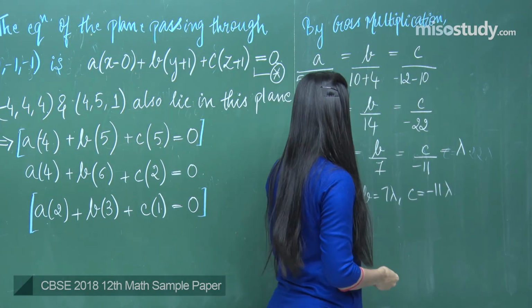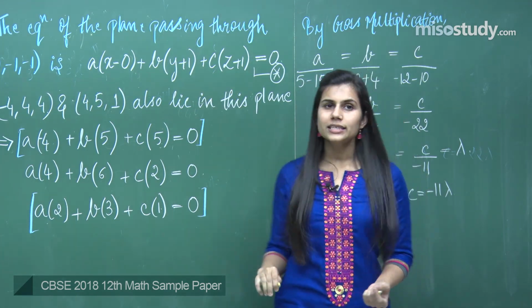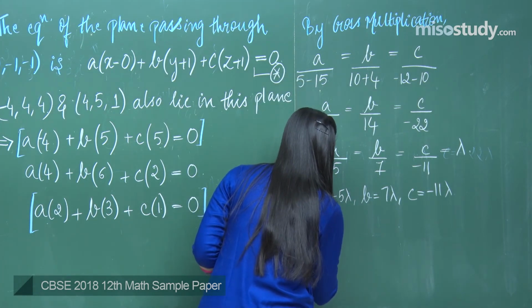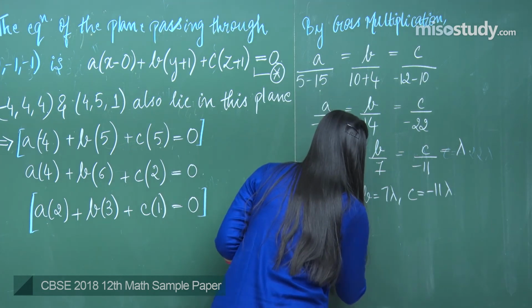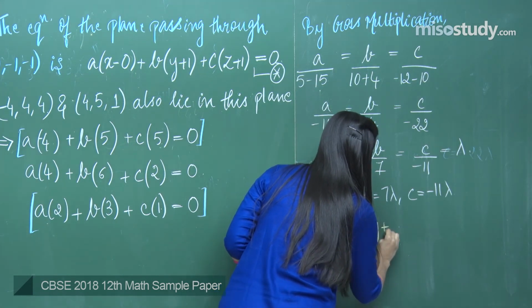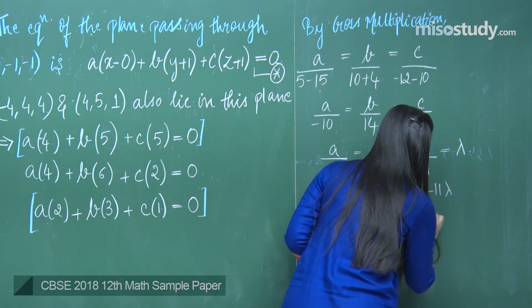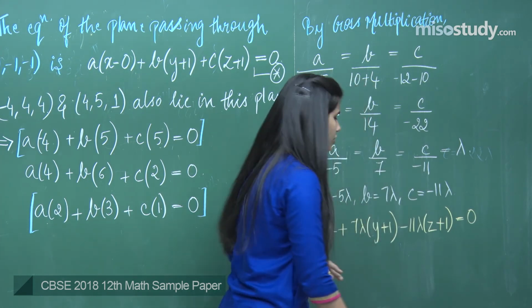Now if you substitute all these simplified values, easier than before, over here, what is it that you get? You get minus 5 lambda into x plus b into y plus 1, so plus 7 lambda into y plus 1 plus c into z plus 1. This is equal to 0. Just open this up.